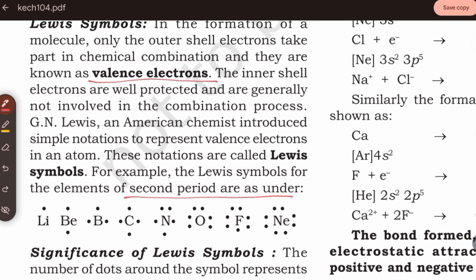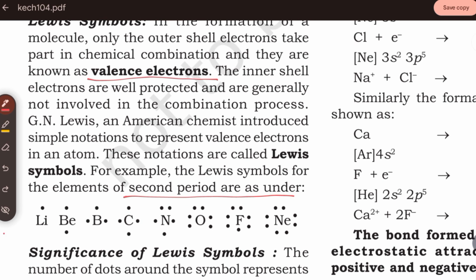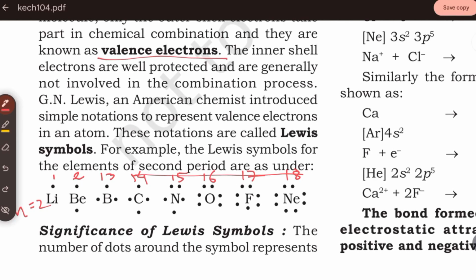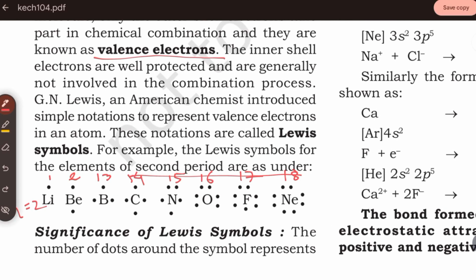In the periodic table we have seen here the principal quantum number n is equal to 2, the second period elements. Lithium is group 1, beryllium group 2, boron group 13, carbon 14, nitrogen 15, oxygen 16, fluorine 17, and neon is 18. So they are all the second period elements having group numbers 1, 2 and 13 to 18.